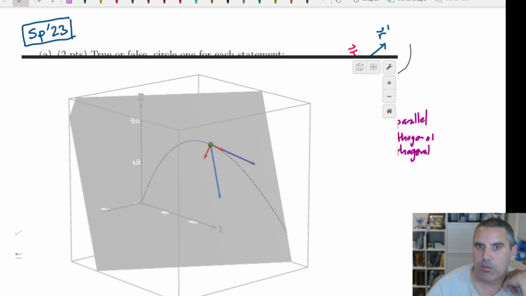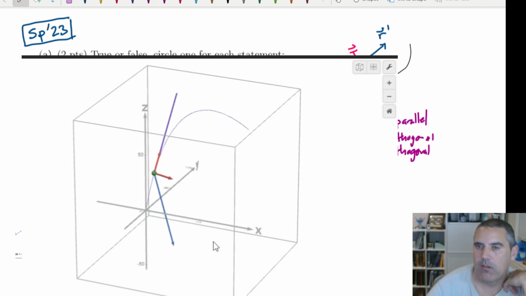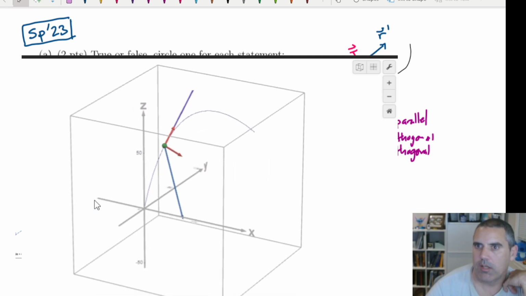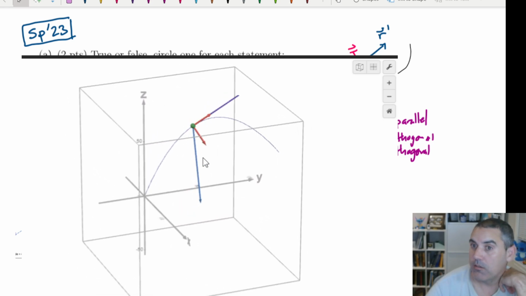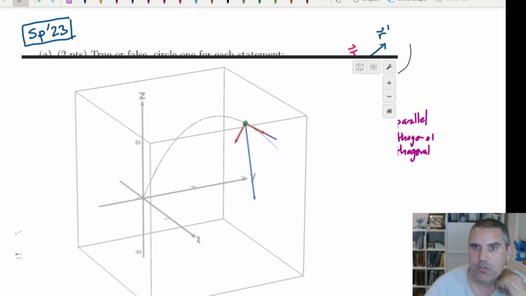Here's this 3D projectile that I showed in class. Same thing. You throw it in the air. It's following that direction. T and N are there to help us visualize. Notice that T and N are always perpendicular, and the acceleration is that other vector.